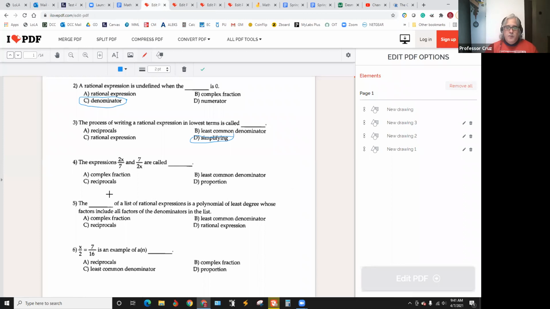Yeah, and it's important to be able to recognize the reciprocals, because anything that's a fraction, anything that's a whole number will also have a reciprocal. But here, 2x over 7 and 7 over 2x are called reciprocals. If you multiply those times one another, it's 1.